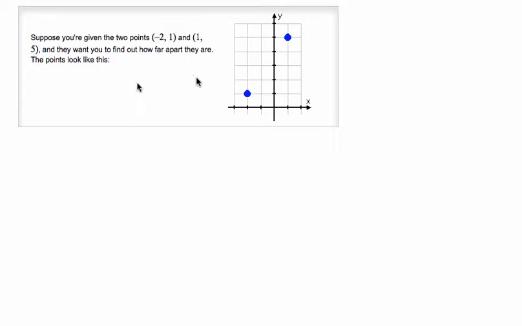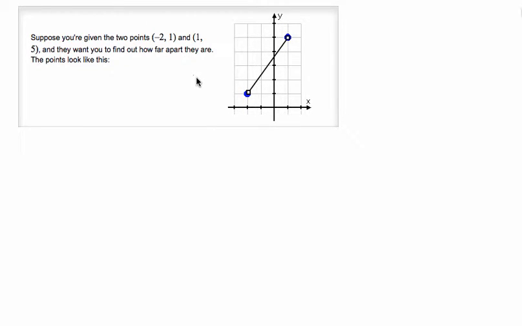Suppose you're given 2 points, (-2, 1) and (1, 5), and they want you to find out how far apart they are. So you want to find this distance.